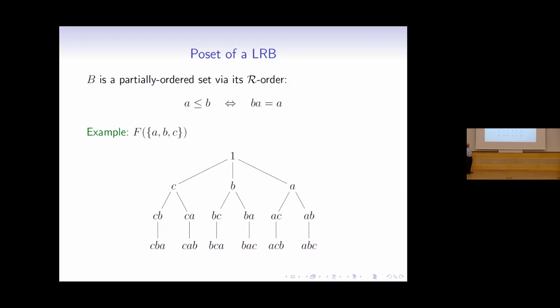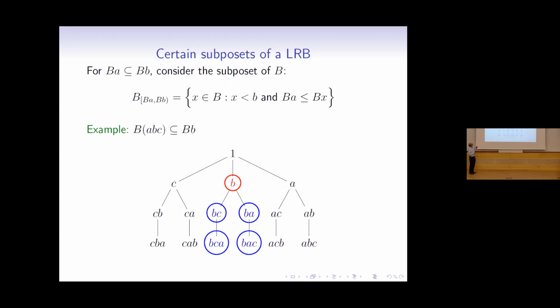Okay, so here is the free left regular band on 3 generators, and here are the principal right ideals. It's a tree. I'm just ordering non-repeating words by prefix order, just like the prefix order on the free monoid. And in order to understand more of the representation theory, I have to look at certain subintervals of this graph.